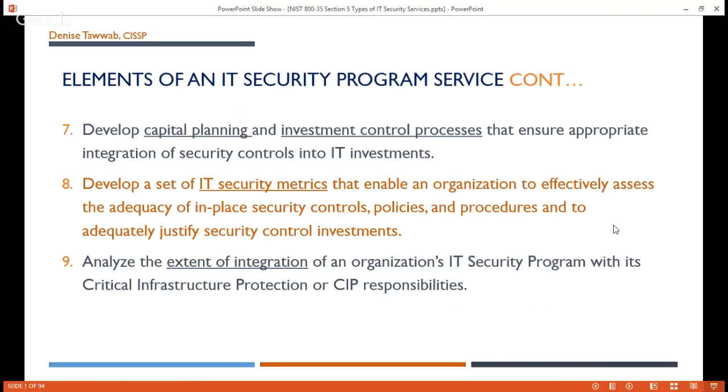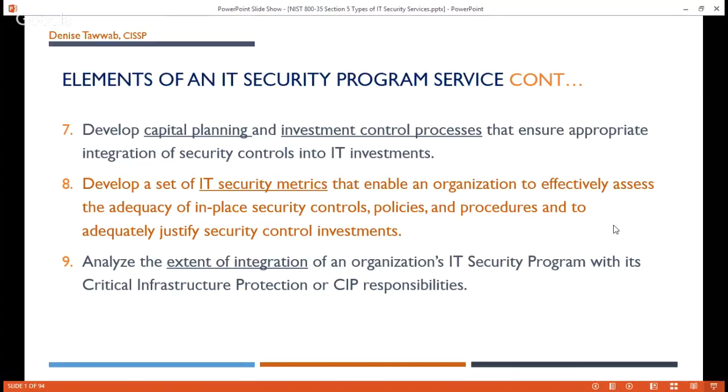Because depending on your organization and the culture, you have to justify spending the money on IT security. And sometimes it can be a hard sell. And that's where your security metrics come in. That's a different conversation that we'll have in a different video, but keep in mind that metrics do matter.